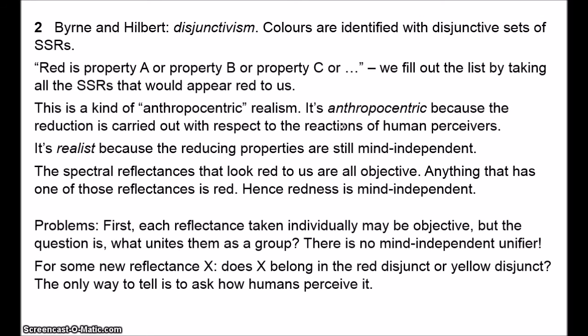This is really a kind of dispositionalism or relationism. This is not a realism, because there's no way of specifying these sets of reflectances without appealing to the mechanisms of human colour perception. So anthropocentric realism threatens to collapse into some sort of relational view like dispositionalism.